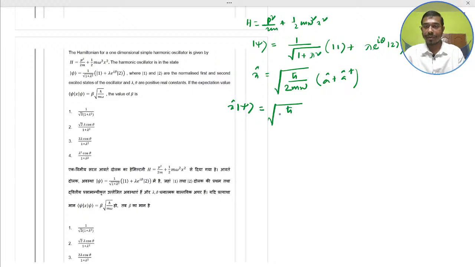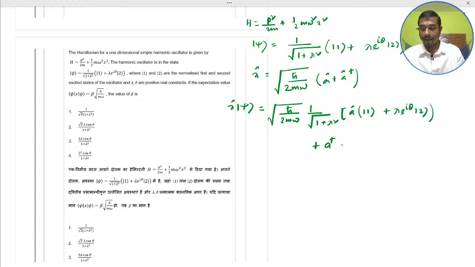Put this value: h cross by 2m omega, 1 by root over 1 plus lambda square, that is a acting on ket 1 plus lambda e to the power i theta ket 2, plus a dagger acting on ket 1 plus lambda e to the power i theta ket 2. Put this value only.